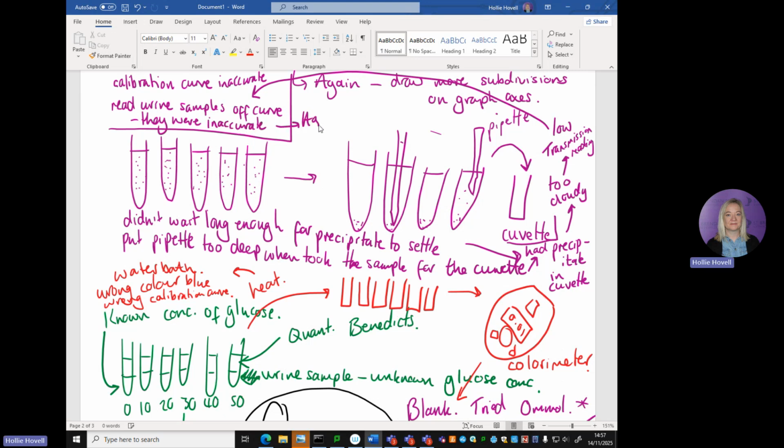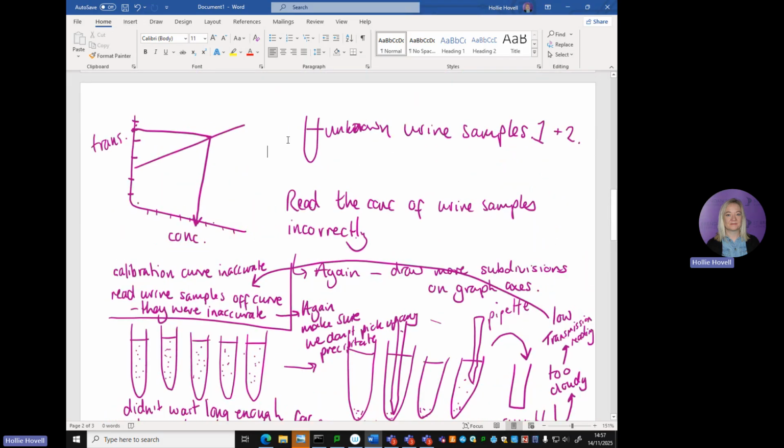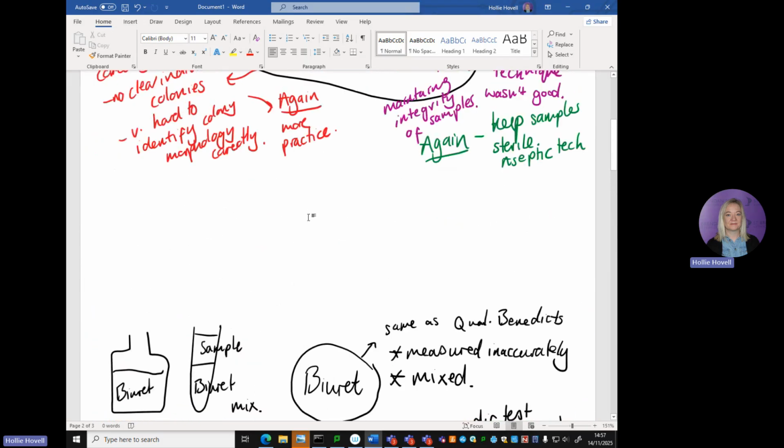We need to make sure we don't pick any precipitate up. Really, really important. Make sure we don't pick up any precipitate. All right, so hopefully that's helpful.